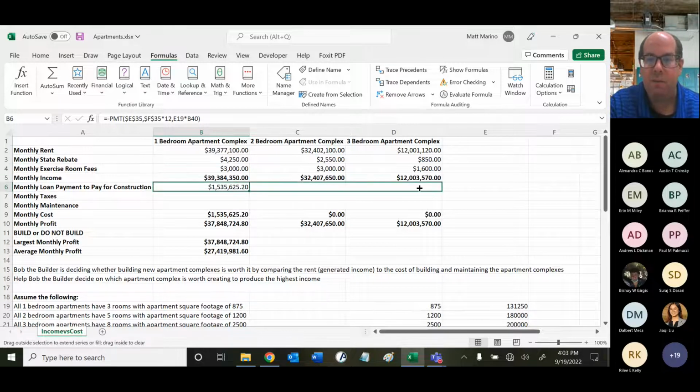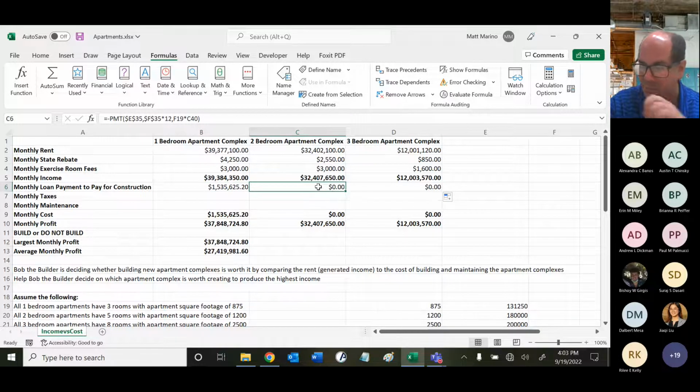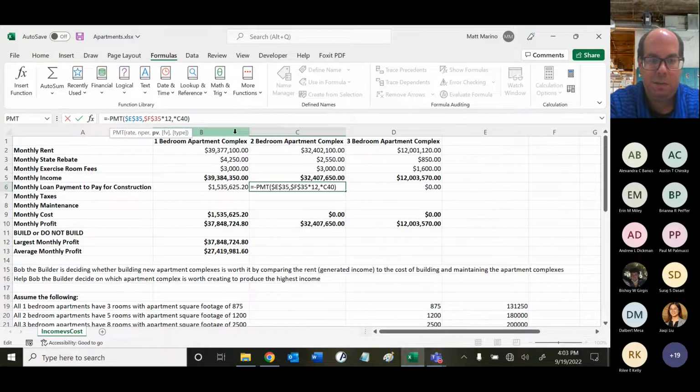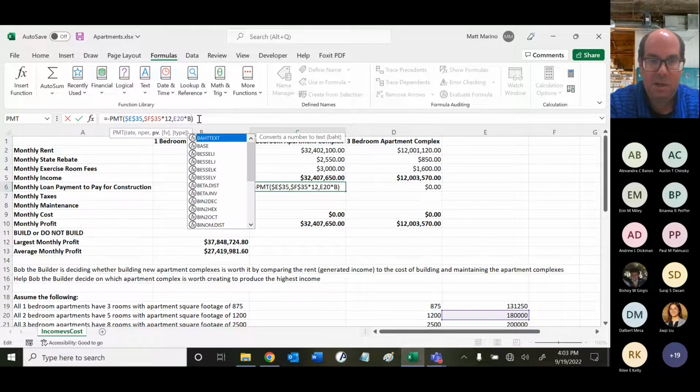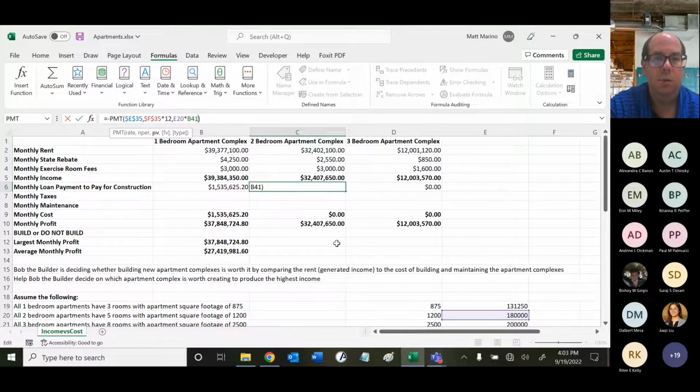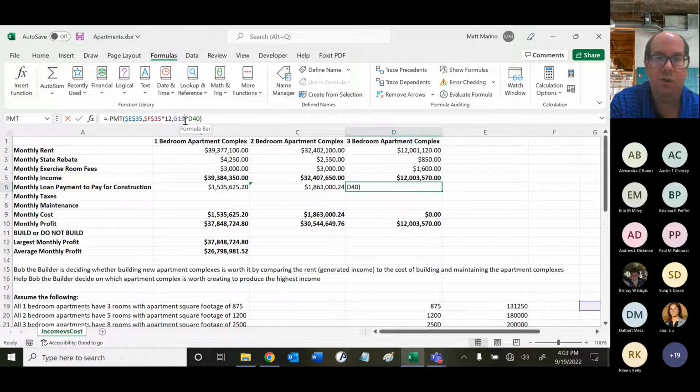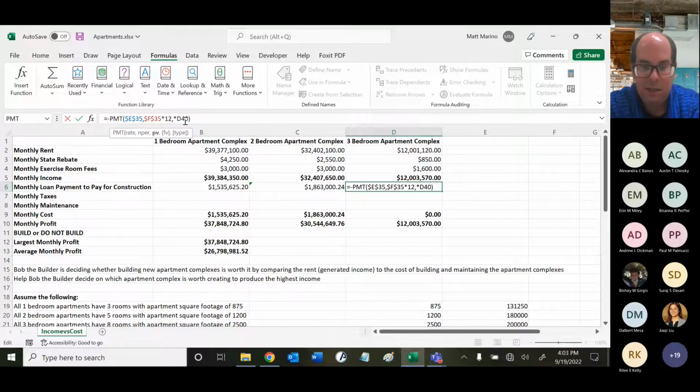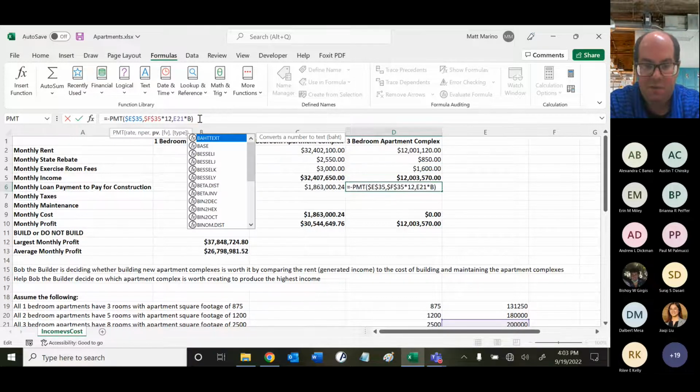So go ahead and autofill them over. They'll get zero dollars for each. Excuse me. That's because you need to change F19 to E20 and C40 to B41. Once you do that, you should have a positive number that is not zero. And then for the last one, you change G19 to E21 and D40 to B42.